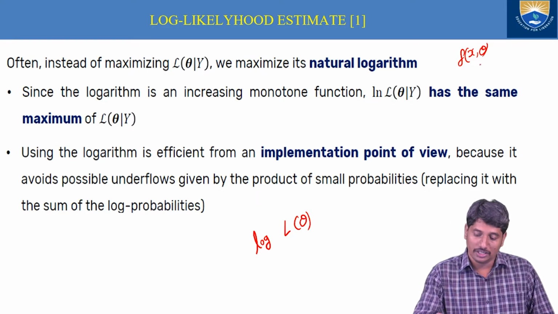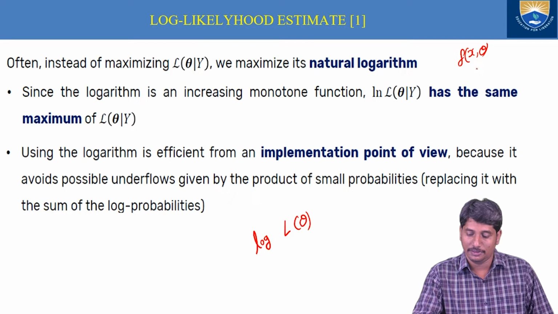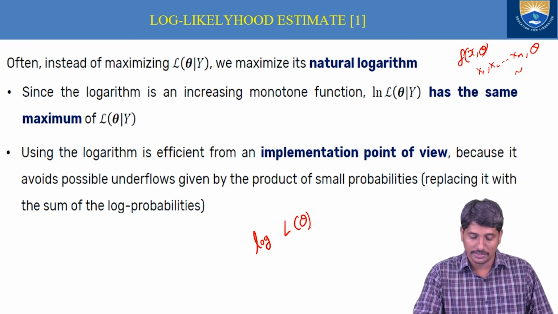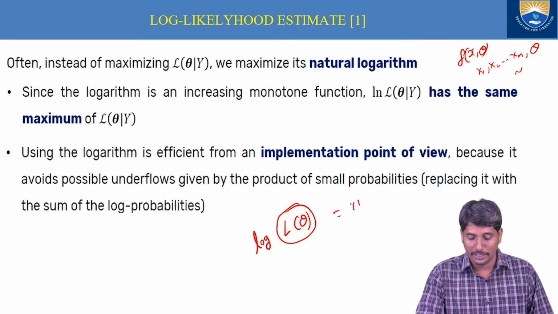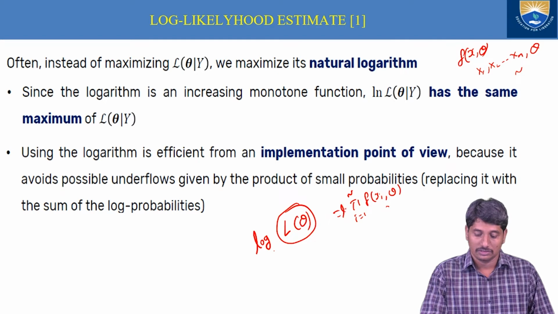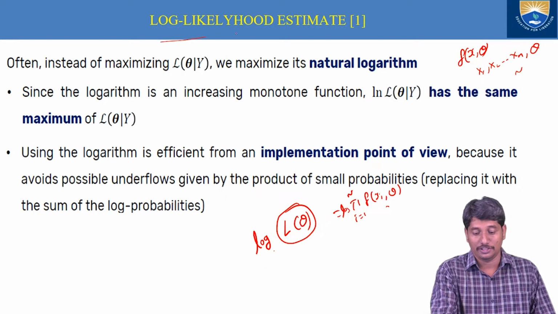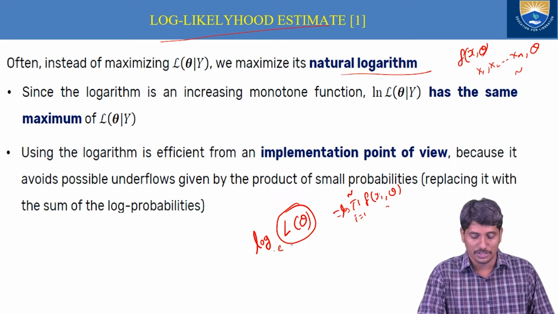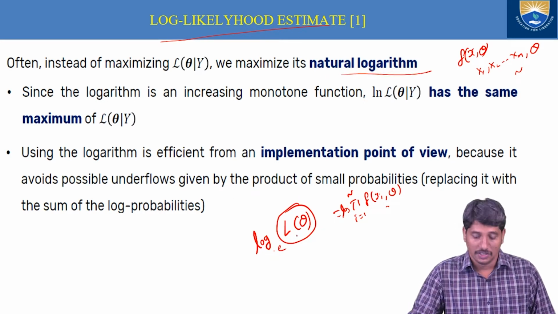Then suppose there are several variables x1, x2, xn which commonly have the parameter theta and follow a probabilistic model. Then we can construct the maximum likelihood function by using the formula product i equal to 1 to n of f of xi comma theta. When we apply logarithm to this, then we will get the log likelihood estimation. What kind of logarithm are we applying? That is the natural logarithm, that is base e. That is what the first sentence is mentioning.